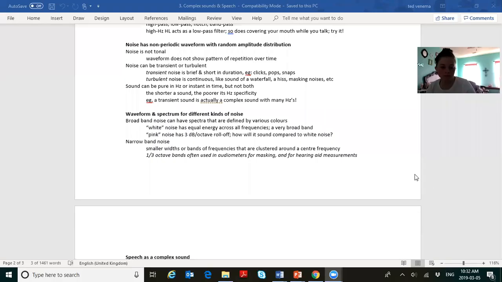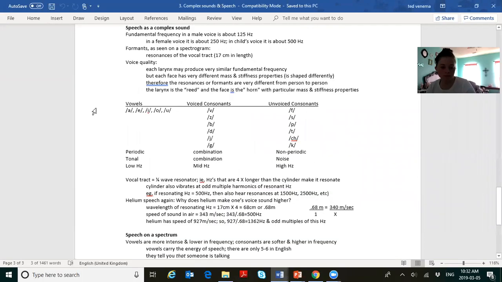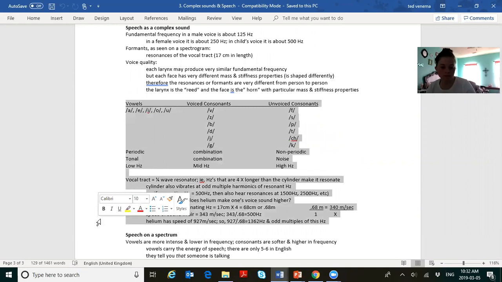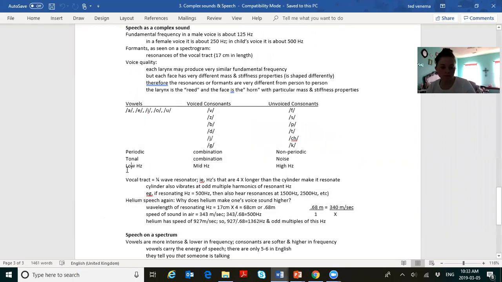In speech, make sure we have a handle on consonants. Here we go. This is something also very useful to know. And there's that vocal tract thing and helium speech again. So now we are almost to where we started. But do know that vowels are tonal, they're periodic, and they're low frequency, and right underneath low, I would also say loud.